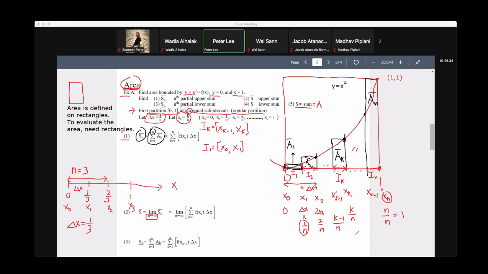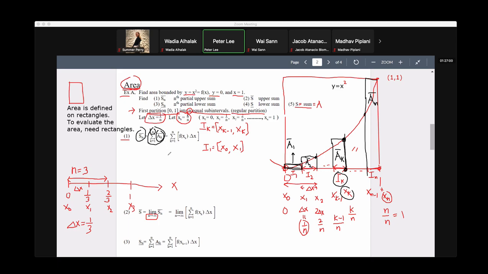In order to get the tall rectangle, what we need to do is this. Note that this is the k-th interval, and on the k-th interval, we will get the height of this guy. This height is the function value at the right endpoint, which is x sub k. So what is A sub k bar?